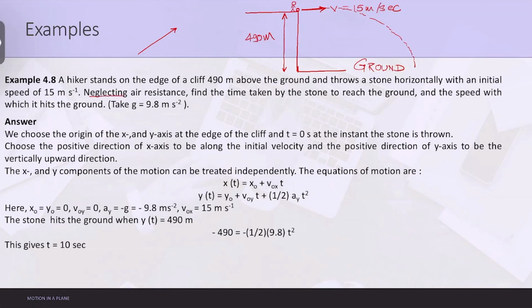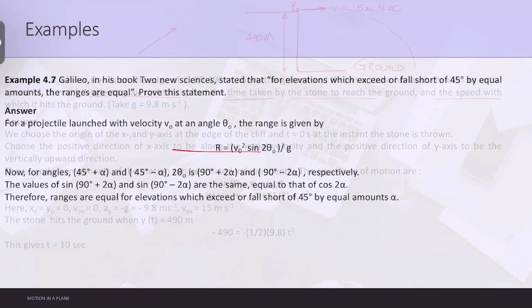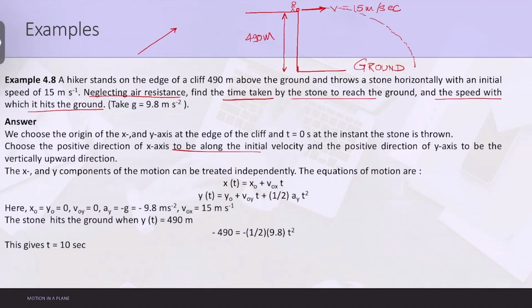Neglecting air resistance, we just need to find the time taken by the stone to reach the ground and the speed with which it hits the ground. So basically, we need to calculate the velocity at this location here, and next thing is the time required.